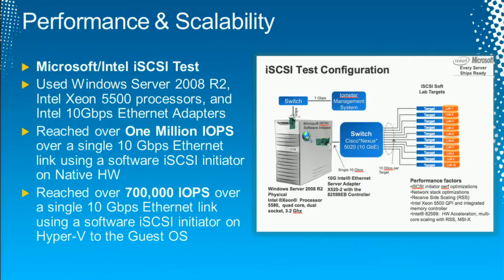But when Intel launched the new at the time 5500 processors, the Nehalem, and combined that with their new Intel 10 gig Ethernet adapters, what they found is they could push in hardware 1 million IOPS across that link. It's a huge amount of scalability. And right through to a virtual machine, it was well over 700,000. So again, great scalability, more than most organizations will ever need in terms of throughput. Okay, but it's there for you if you need it.